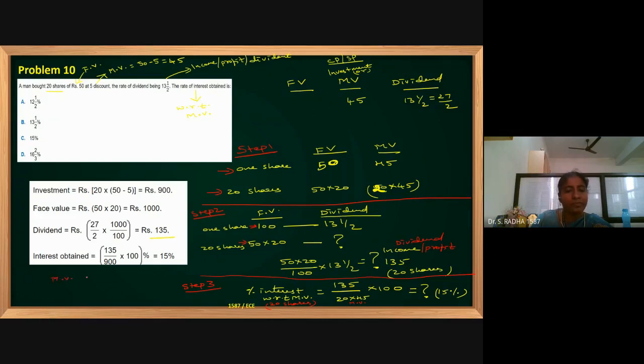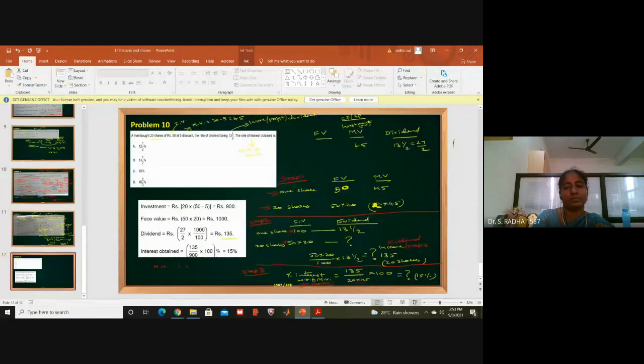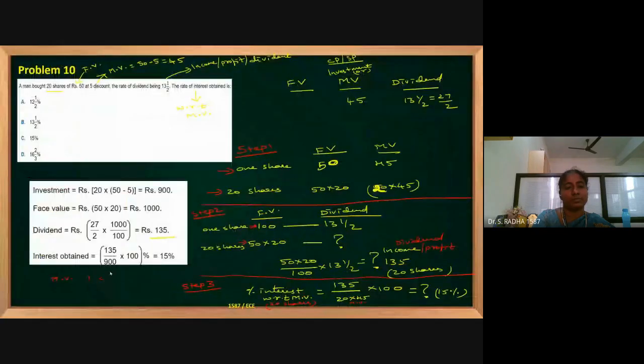Market value and then income. The calculation you might already have understood. I will write income here.